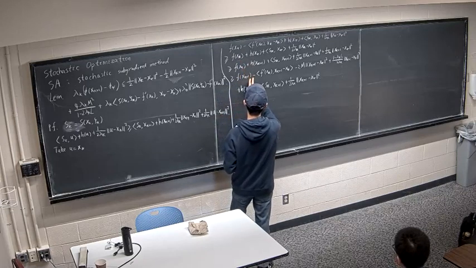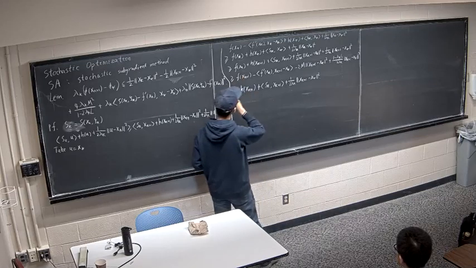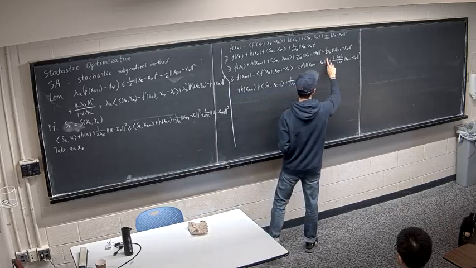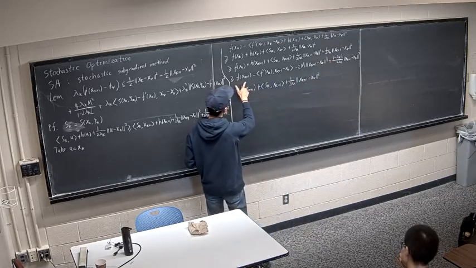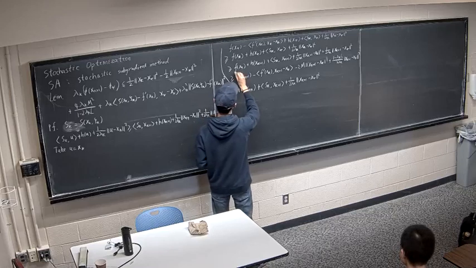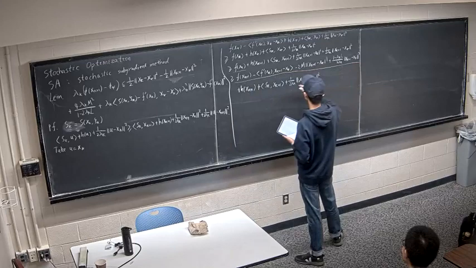From here to here, we use the assumption that f minus its linearization is upper bounded by a first order term plus a second order term, right? So just look at these terms, this one and up to here.